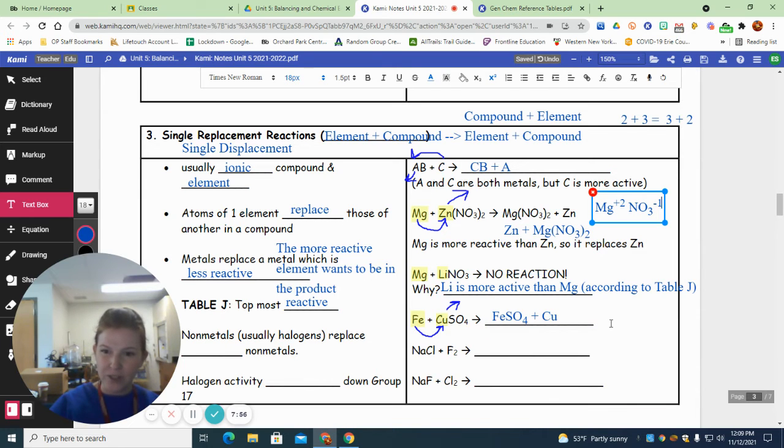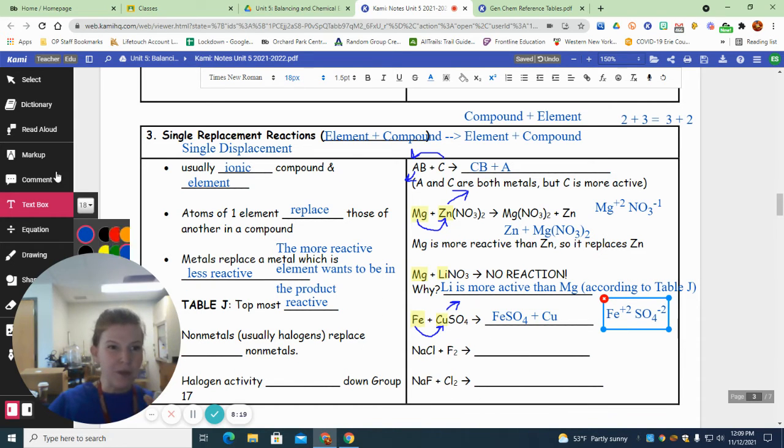If I take a look at this one here, so Fe, now Fe can have more than one charge. It can be a +2 or a +3. I just picked the +2 one since it didn't specify. That's combining with sulfate ion, which is SO4, which has a -2. So when you cross and drop and reduce, that's where I'm getting this FeSO4, okay?